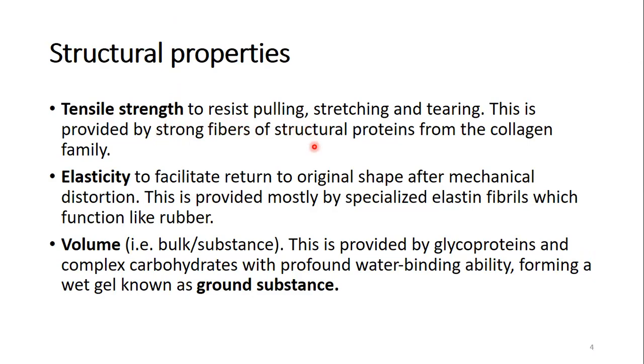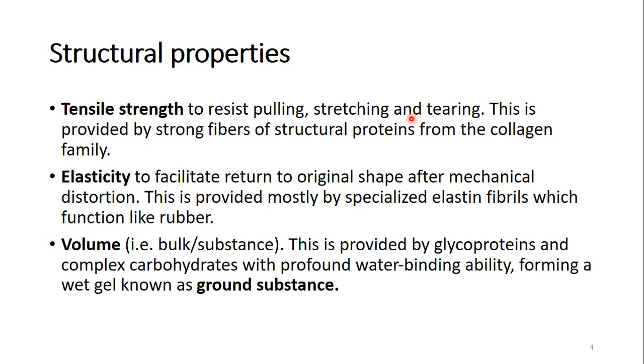Tensile strength is nothing but the ability of a structure, organ, or body part to allow some degree of pulling or stretching without being damaged. And after that pulling or stretching has occurred, this organ or tissue must recoil or go back to its original position. All that property is afforded to organs and tissues because of the presence of connective tissue in them.